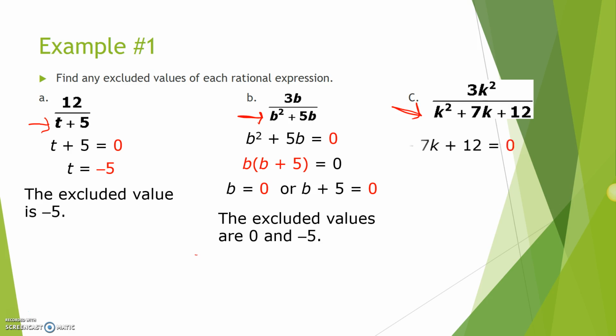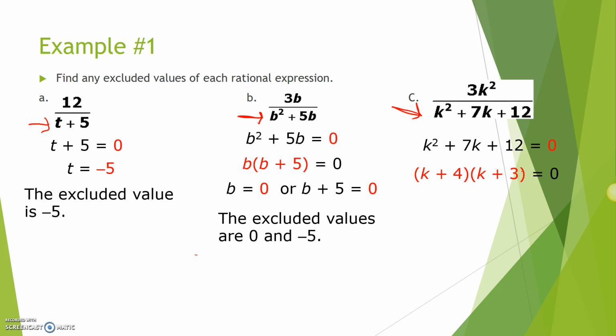What we're going to do is look at factors of k squared plus 7k plus 12 and set that equal to 0. So we have to think, what are factors that would give me 12 but add to give me 7 in the middle? And that's k plus 4, k plus 3 equals 0.